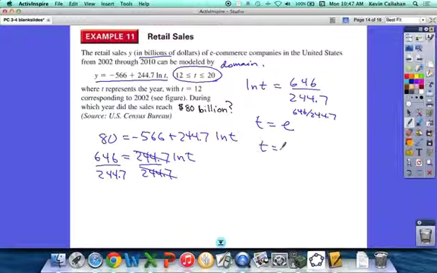Second, e to the x, 646 divided by 244.7. I'm getting 14.0127. Okay, so during which year does the sales reach $80 billion? In 2004, right? 2002 was the year 12, so we're in year 14, 2004.